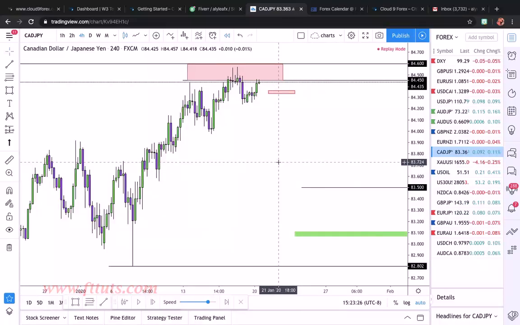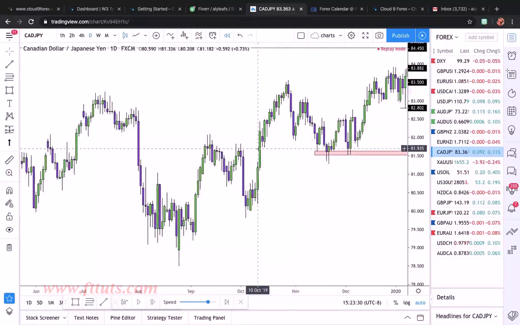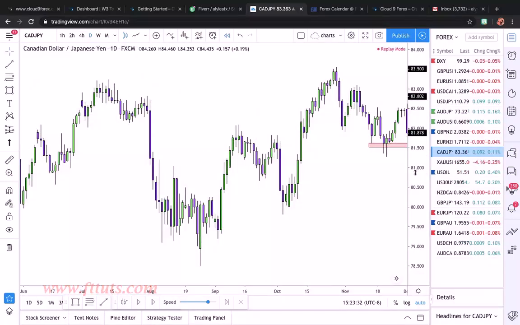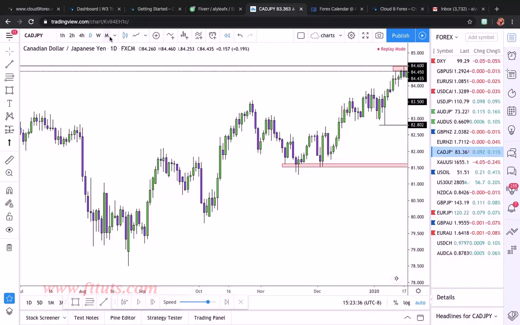we can see that, here, let's go on the higher time frames. Let me just go through this as well, because some of you get confused looking at the higher time frames and then dropping down to the lower time frames.